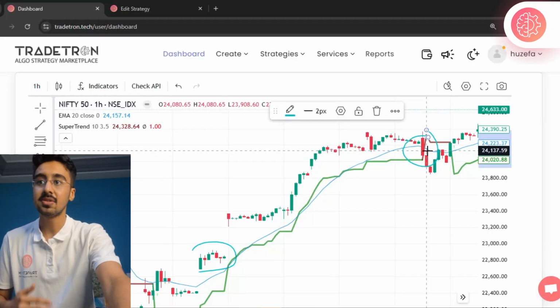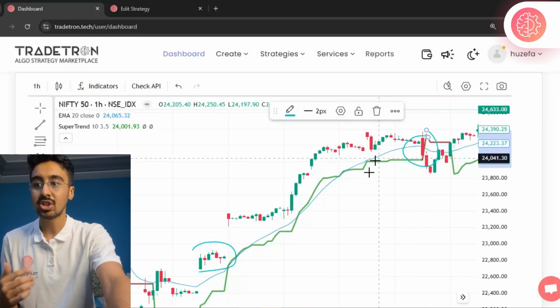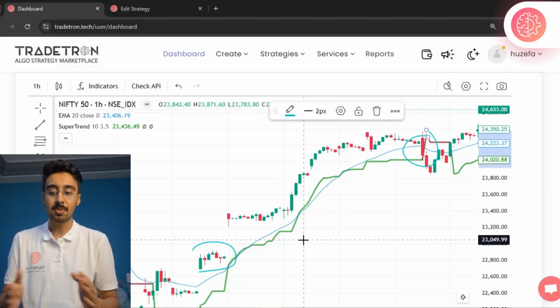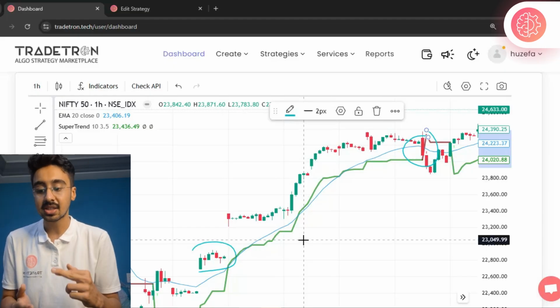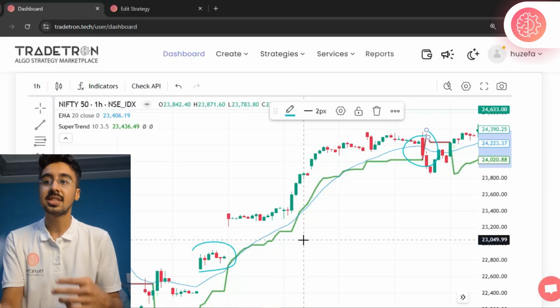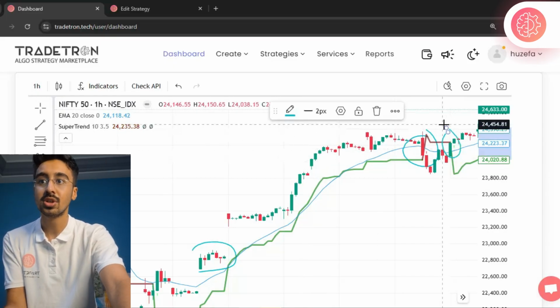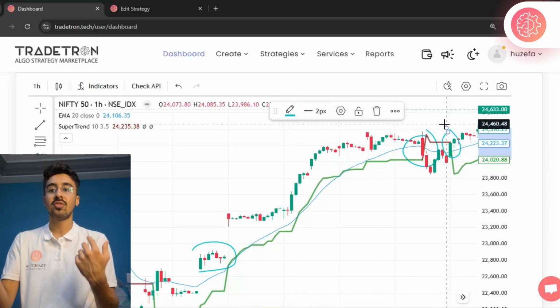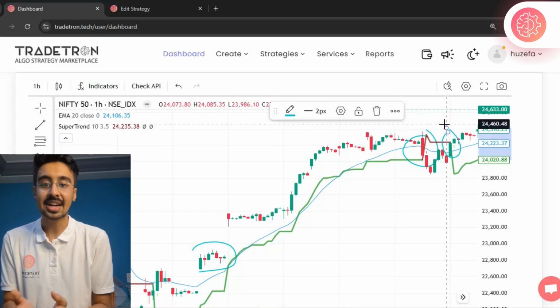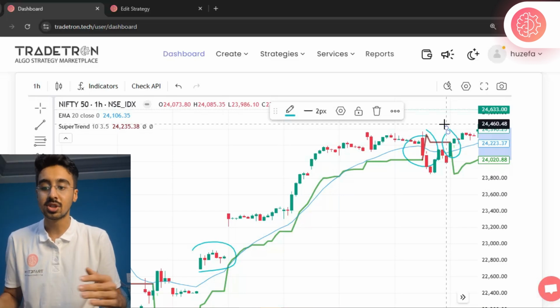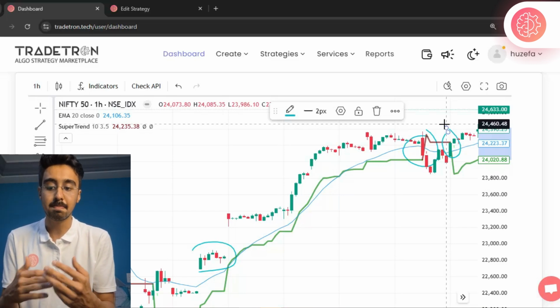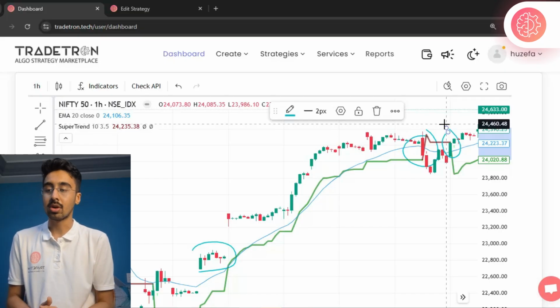So whenever this happens, we are taking a short trade. Once we have a short trade, we have no target, no stop loss. We are just looking at the inverse condition, which is that the close is above Supertrend, which incidentally happens out here. Whenever close is above Supertrend, which means the color of the Supertrend changes, at that time we are triggering a close for the bear call spread that we have taken out here.